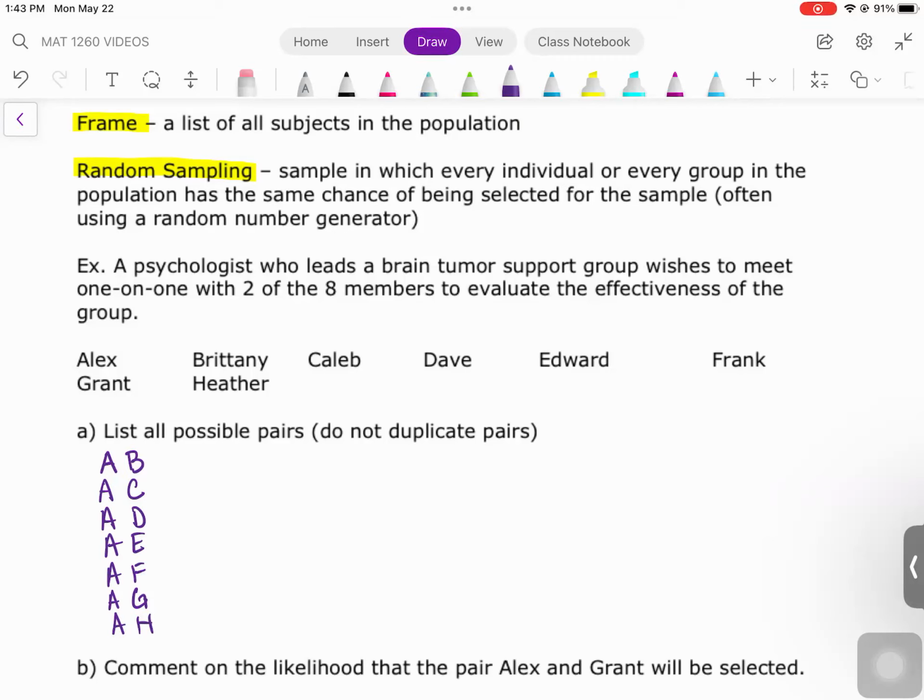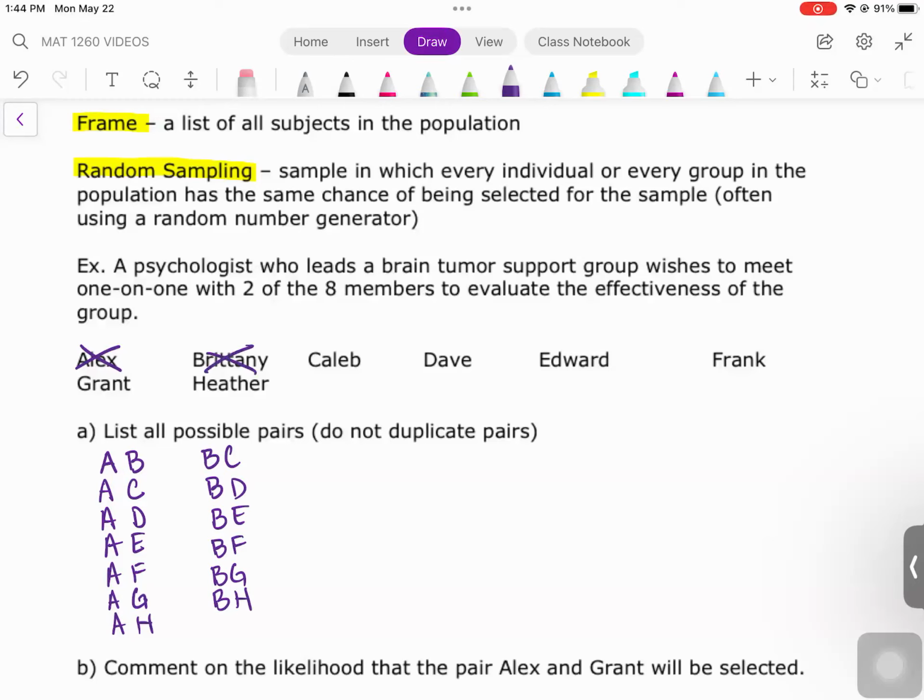Now we're going to start with Brittany. But we don't want to pair Brittany with Alex because Alex and Brittany have already been a pair, and that's the same pair. So we're actually done with Alex altogether, and we're going to pair Brittany with the remaining members. Brittany Caleb, Brittany Dave, Brittany Edward, Brittany Frank, Brittany Grant, and Brittany Heather.